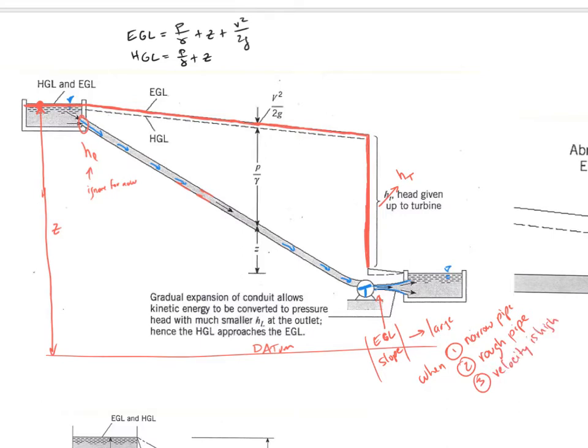The narrow pipe and high velocity often go hand in hand. So right here we're going to lose energy faster because we have a narrow pipe, and then the slope of that line is going to level off.